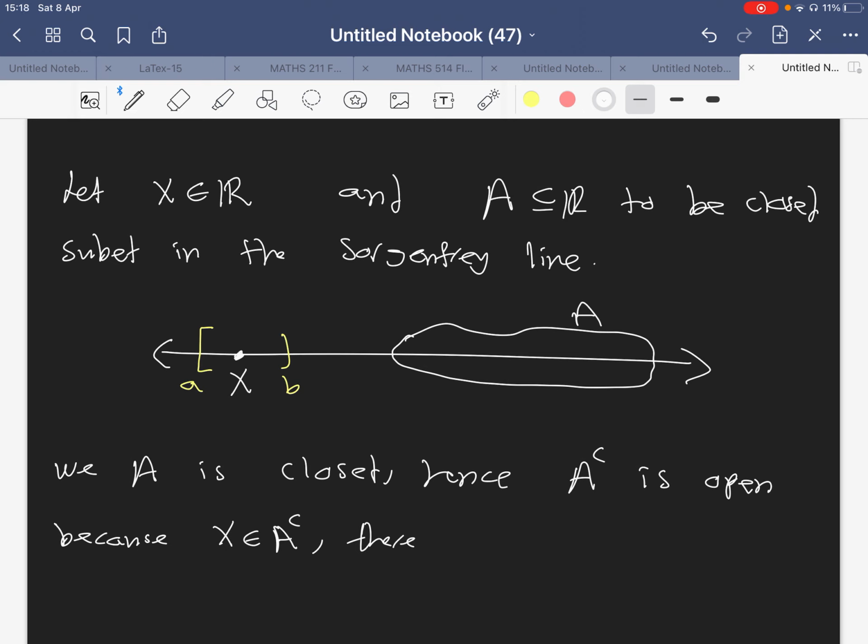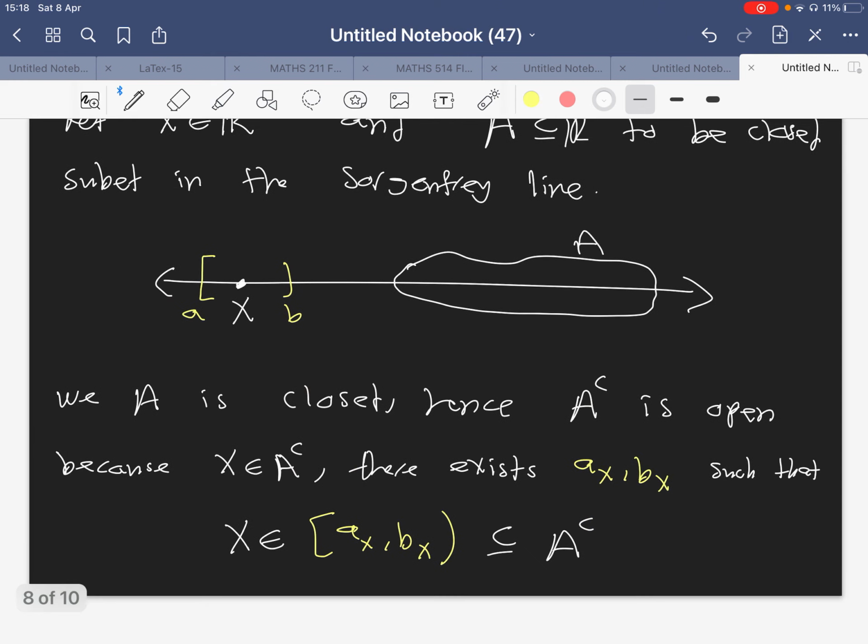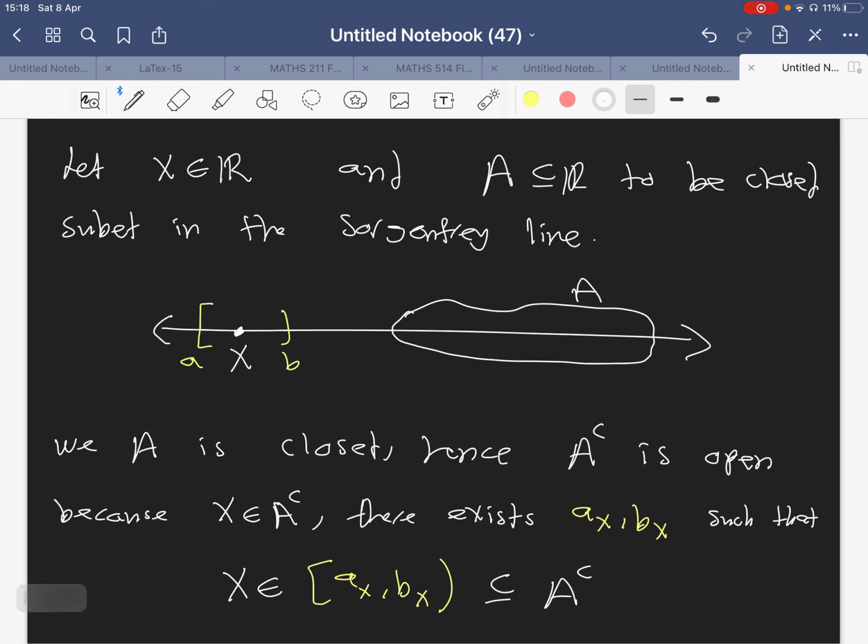So there exist a_X, b_X such that X is in the interval [a_X, b_X), and this as a whole will live inside the complement. So this is exactly what we have here. Now, what we got is my subset U, and now all I need is to find V.